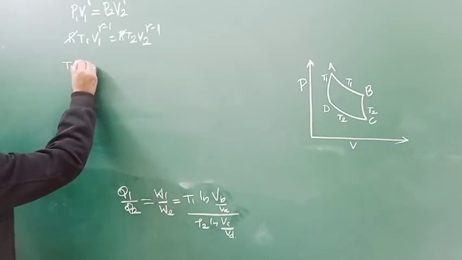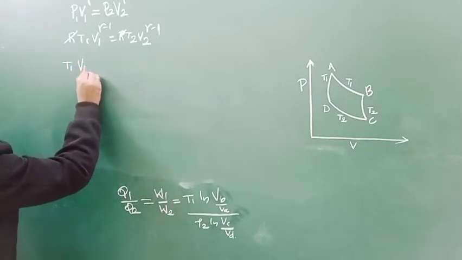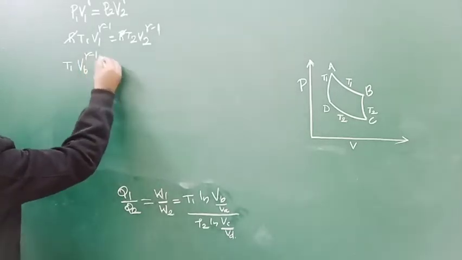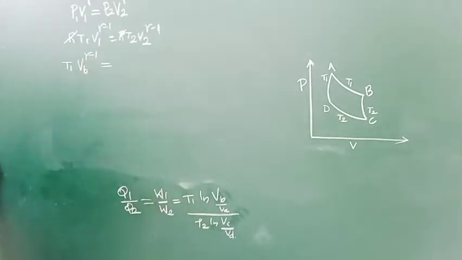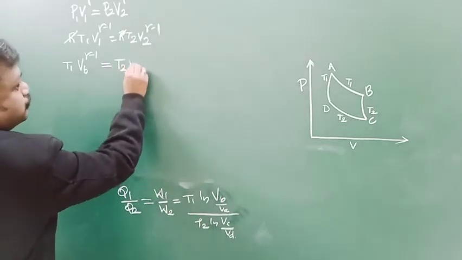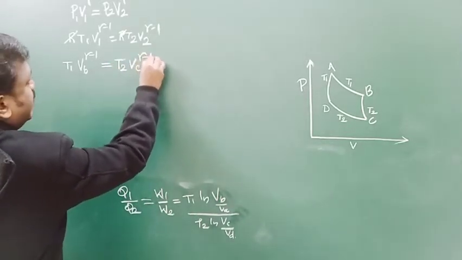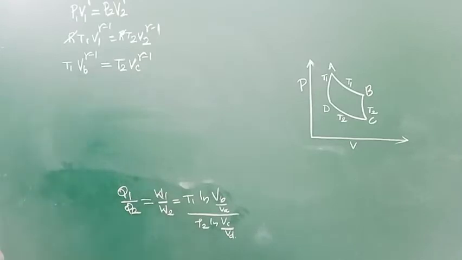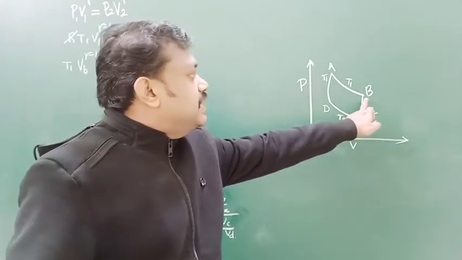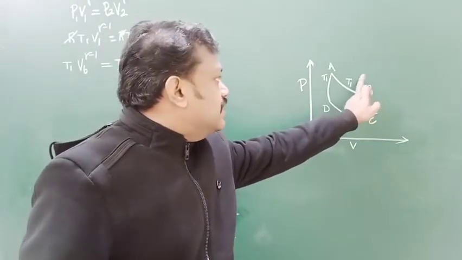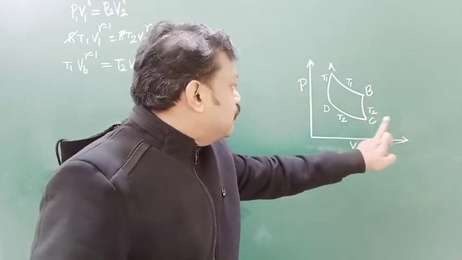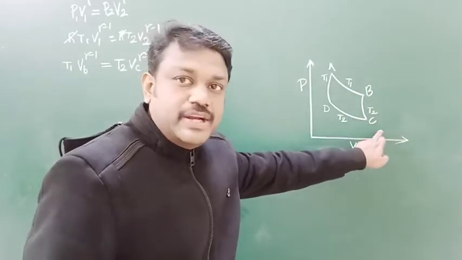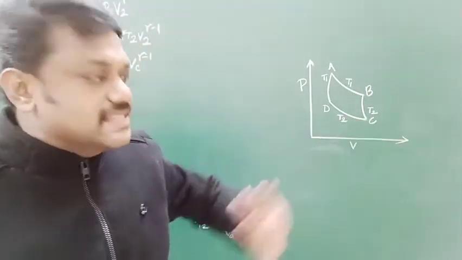At the point B, the temperature is T1 and the volume is VB, so T1 VB power gamma minus 1 equals T2 VC power gamma minus 1. At the point C, the temperature falls to T2 and the volume is VC. Is there any doubt for that?